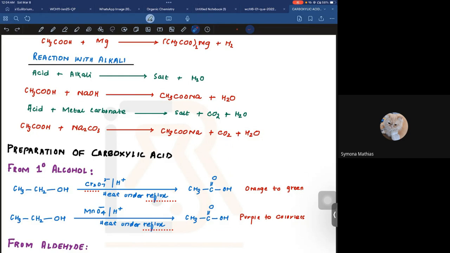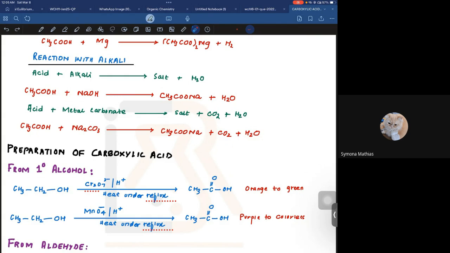So what would you observe if you oxidize your primary alcohol into carboxylic acid by using K2Cr2O7? You know the color of K2Cr2O7 is orange initially, pure. When you have K2Cr2O7, it's orange.